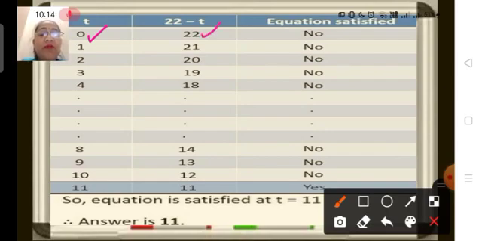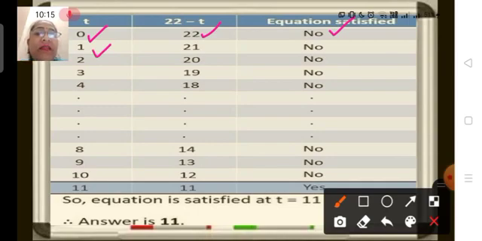Here the values of t and 22 minus t are not equal. So we can say that for t equals 0, the equation 22 minus t equals t is not satisfied.